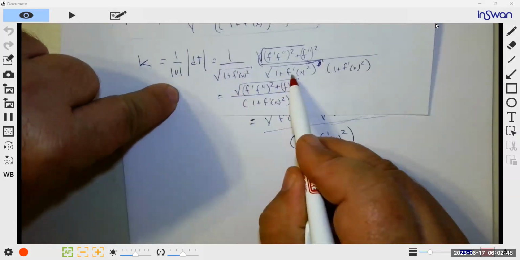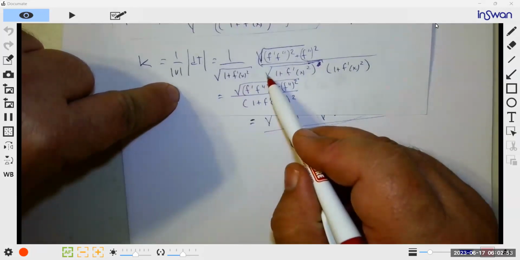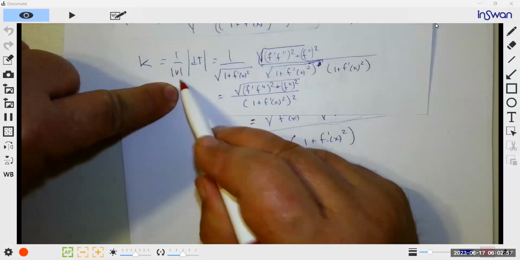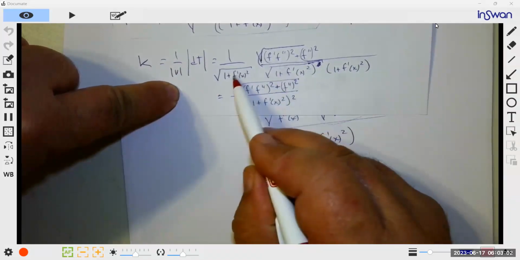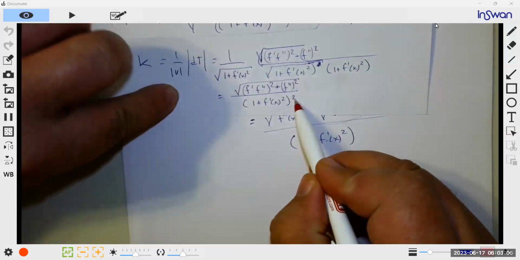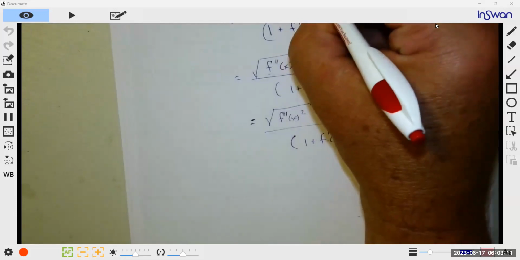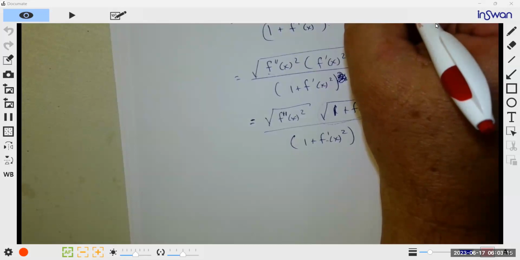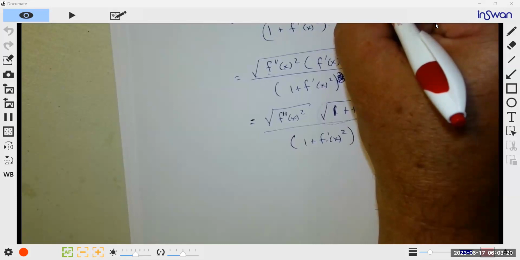This was cubed here, which when we square rooted it, means one came out and one stayed in the radical, multiplied by 1 over v. So those cancel out, the radicals cancel out. So you have 1 plus f prime squared. So that should come over here, which means over here we have 1 plus f prime squared.